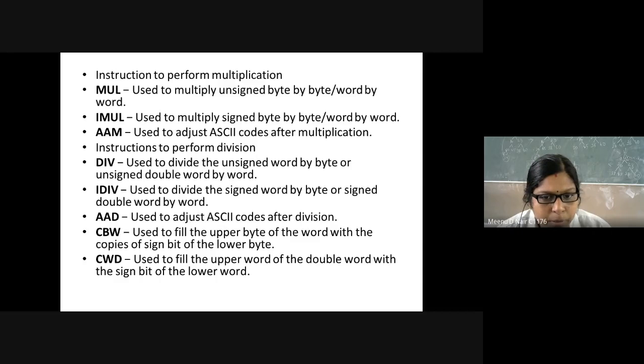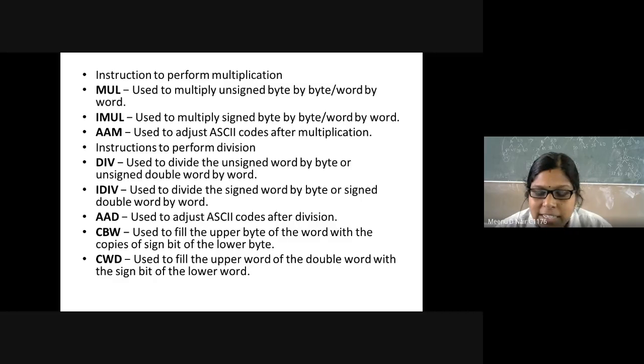Next one is CBW, used to fill the upper byte of the word with copies of the sign bit of the lower byte. Then CWD fills the upper word of a double word. Double word means 16 plus 16, so that is 32-bit data, with the sign bit of the lower word. That is CWD and CBW.